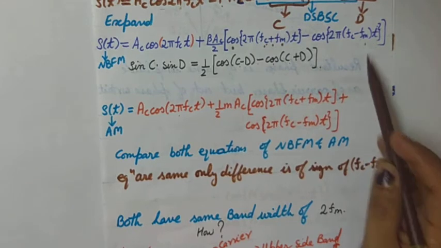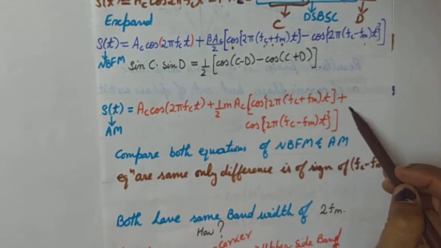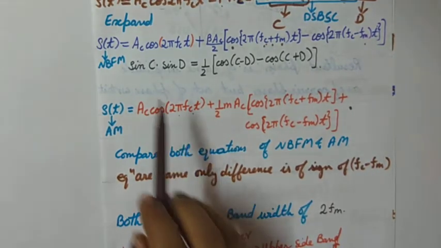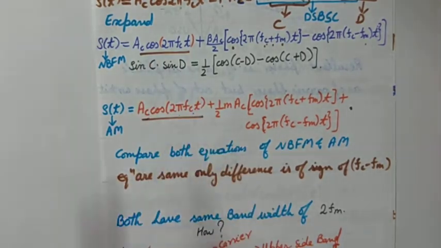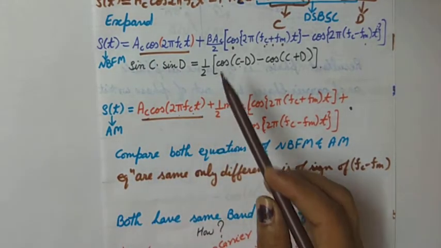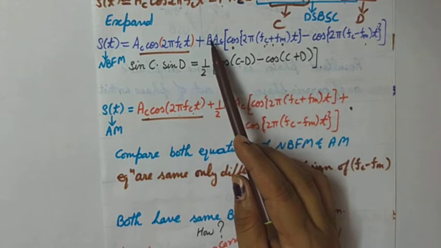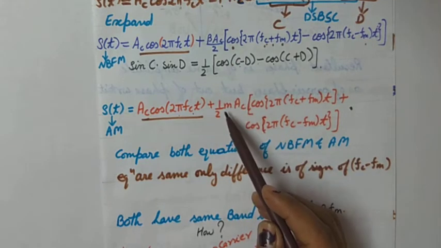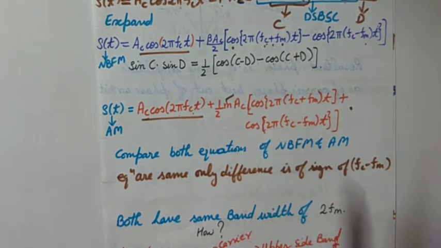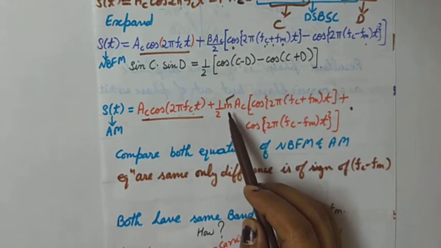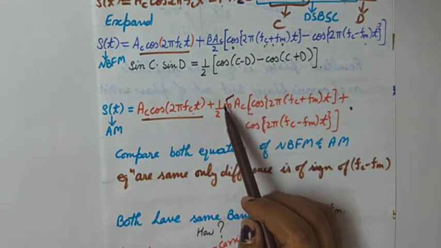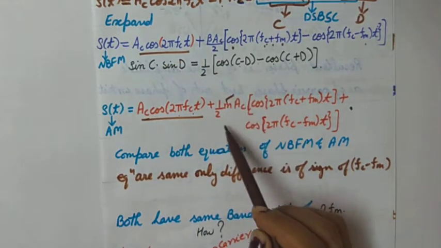Now we'll compare these two equations, narrowband FM and AM. Both have the same first term, and NBFM has modulation index beta and AM has modulation index M. So both are similar, modulation index into AC upon 2.